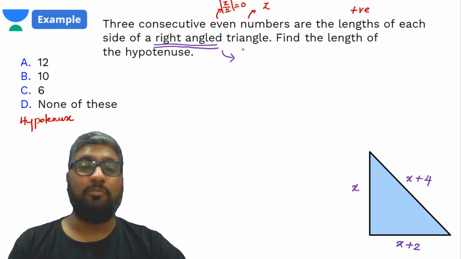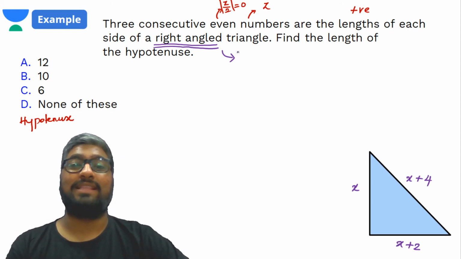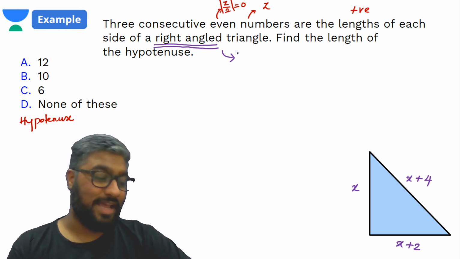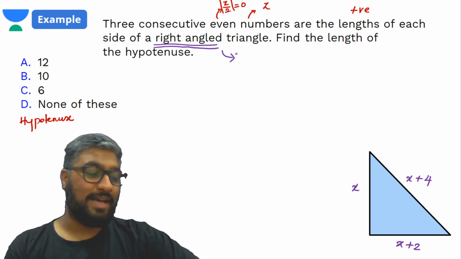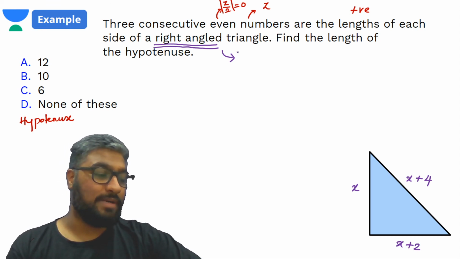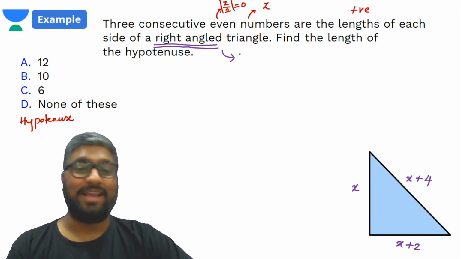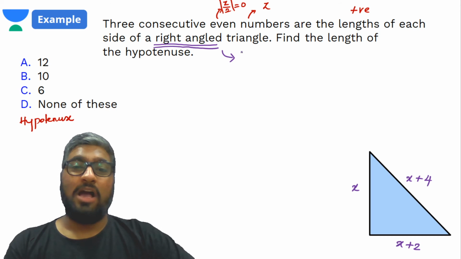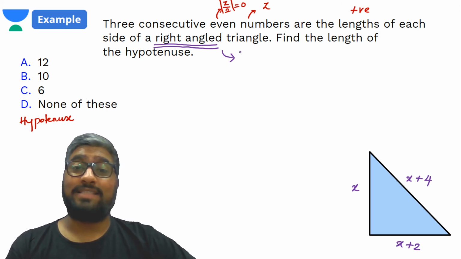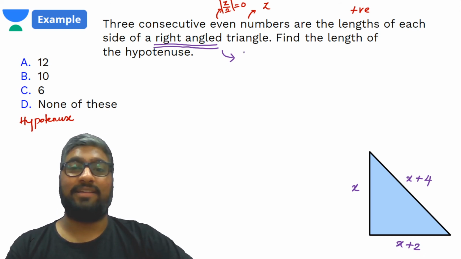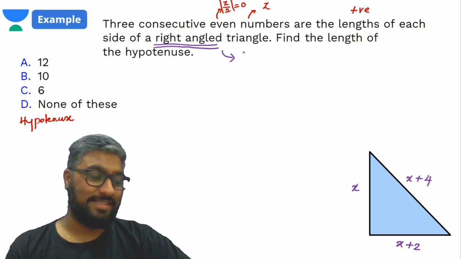What name would come to your mind when you see the terms right angled triangle? Quick guys, who can answer this?